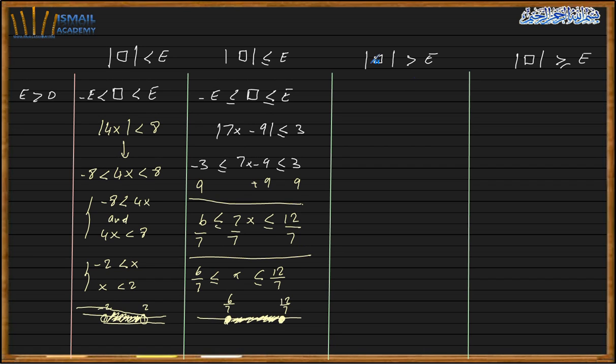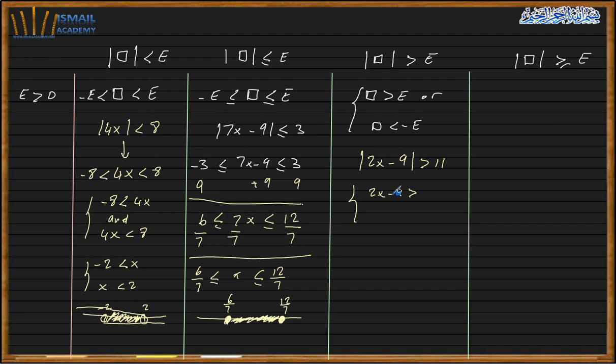So you have to do it this way and solve for it. For example, the absolute value of 2x minus 9 is greater than 11. So I do it this way: 2x minus 9 is greater than 11 or 2x minus 9 is less than minus 11.